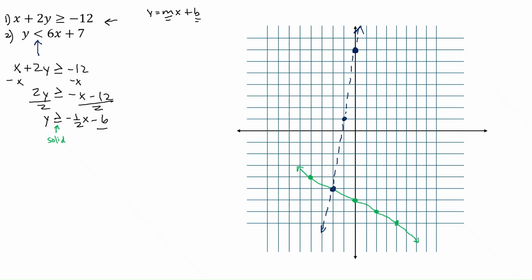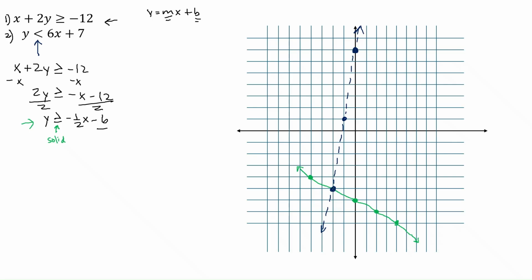Now, the last part of this is going to involve us knowing where to shade. Now, for the first equation, x plus 2y is greater than or equal to negative 12, or in other words, y is greater than or equal to negative 1 half x minus 6. If this green line is negative 1 half x minus 6, and we're saying that y is greater than or equal to that, that means y includes every point on this line as well as every value of y above the line.